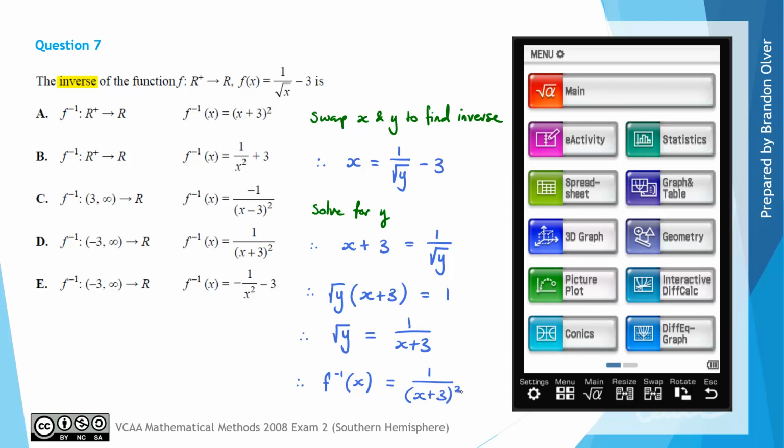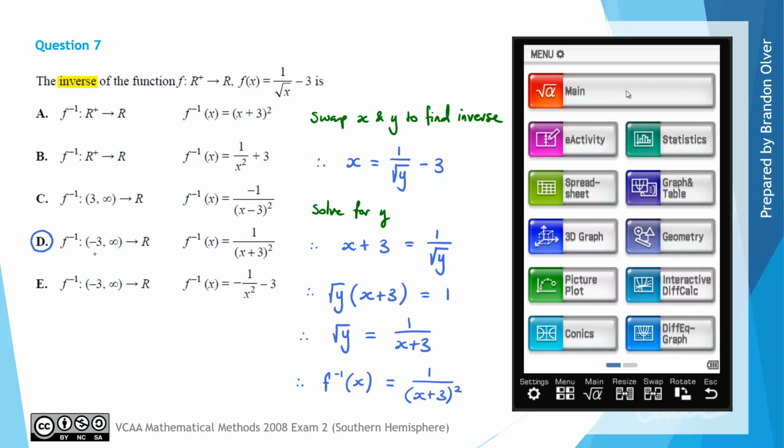Looking through the options, we can see that D is the correct answer, because luckily all of those rules are different. But we will see in a moment on the calculator that the domain of -3 to infinity does match as the correct domain for the inverse, as it was the range of the original.